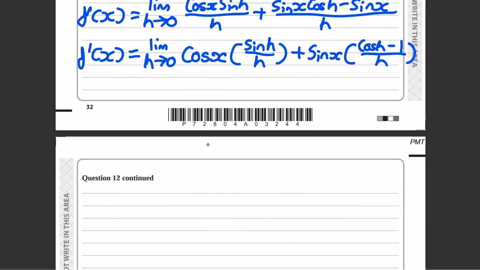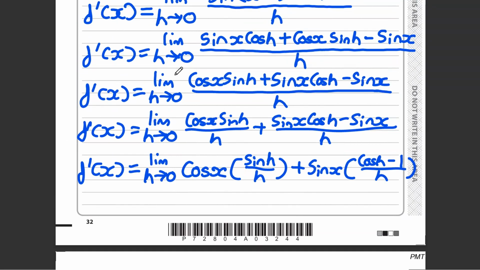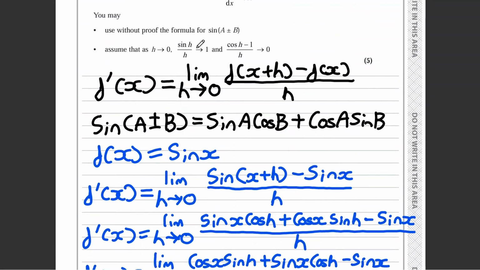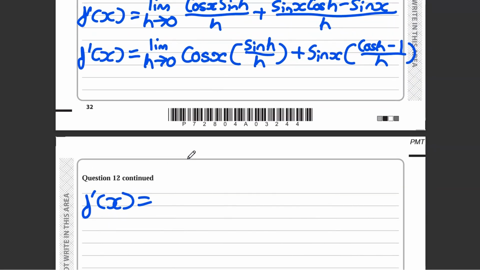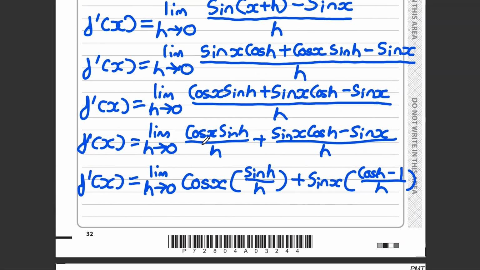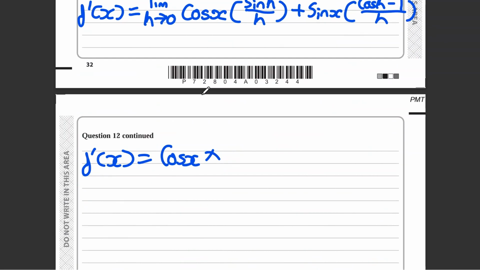So f dash of x is equal to, as h is approaching 0, as sin h over h is going to approach 1, and as cos h minus 1 over h is going to approach 0, we can sub these out now and get rid of this limit here. So we can write this as f dash of x is equal to cos x, and then instead of sin h over h here, this can be written as 1.